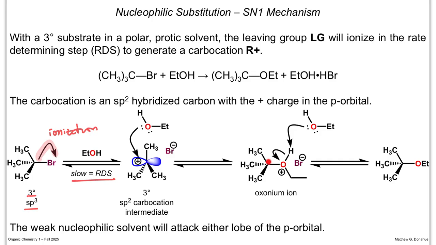That means the carbon, now that it has 4 bonds, goes back to sp3. And what this does is generate another intermediate because the plus charge is now on oxygen.